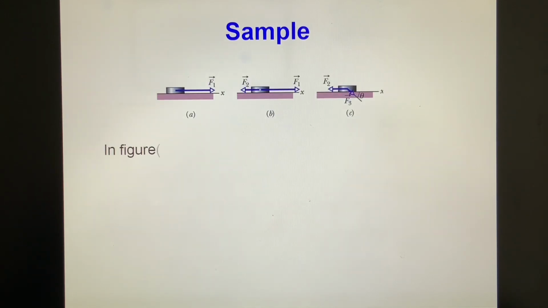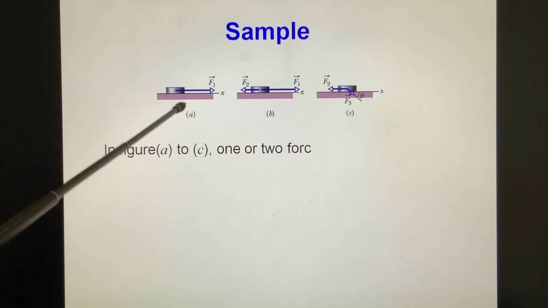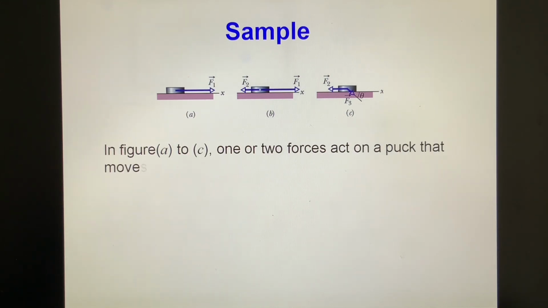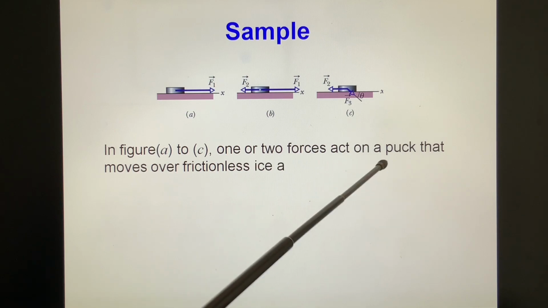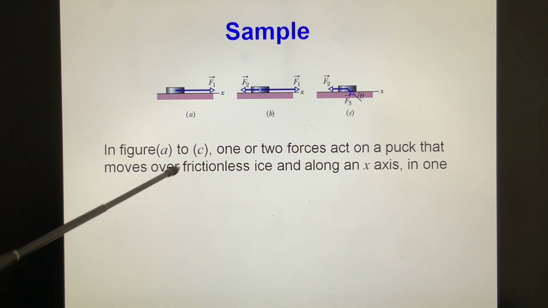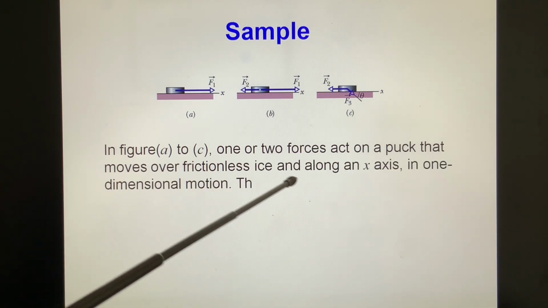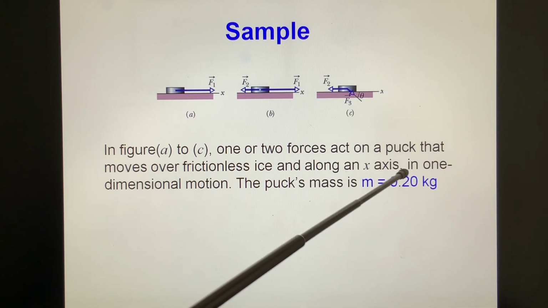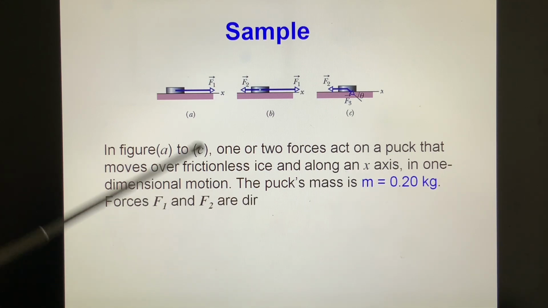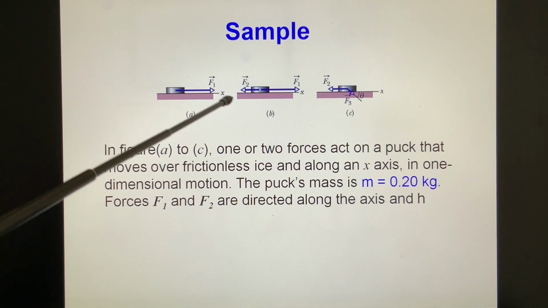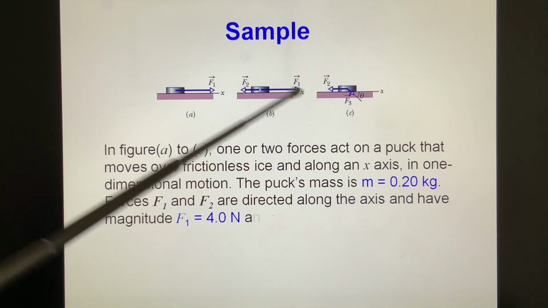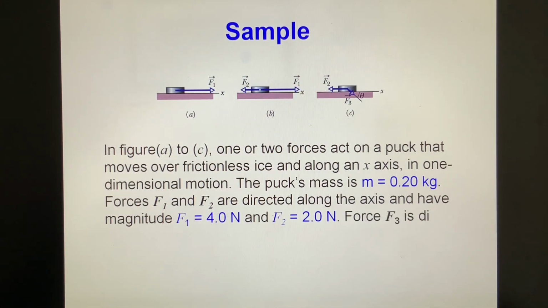Example. In Figure A, we see one or two forces acting on a puck that moves over frictionless ice along an x-axis in one-dimensional motion. This is F1, F2, F1, F3, F2.